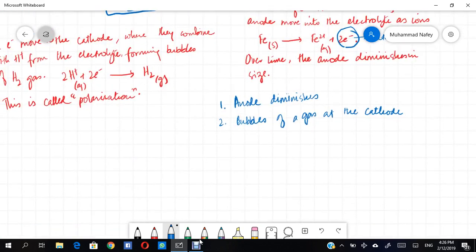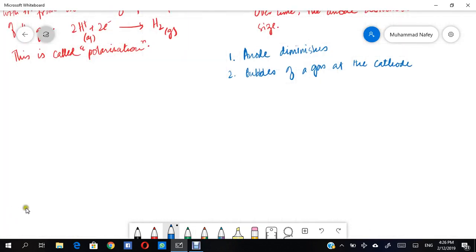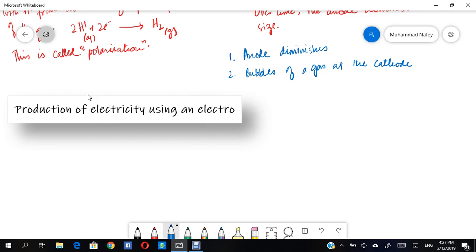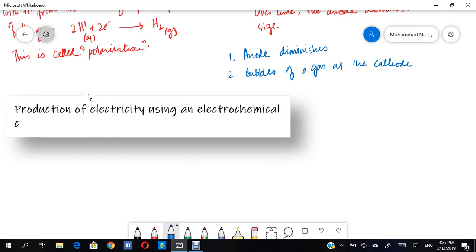So we'll write this down here. I'll type this to make things a bit quicker. Production of electricity using an electrochemical cell is a self-limiting reaction.